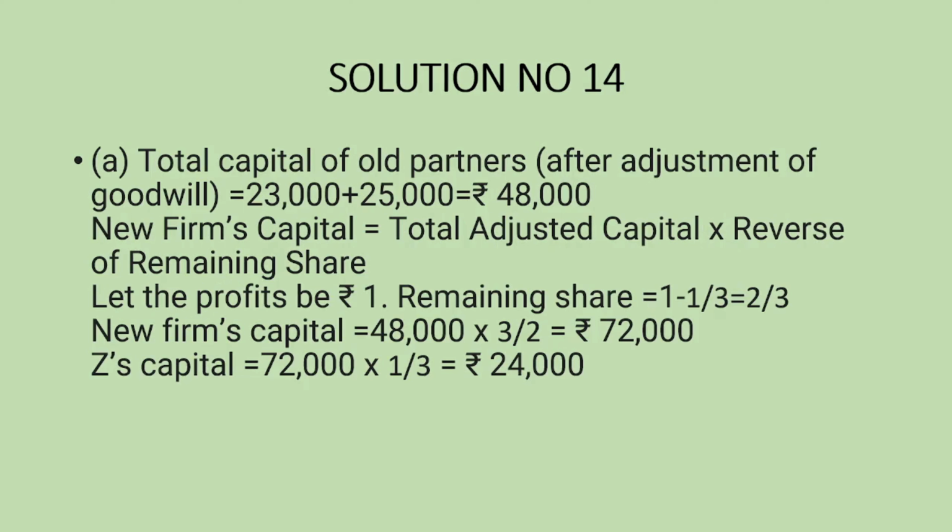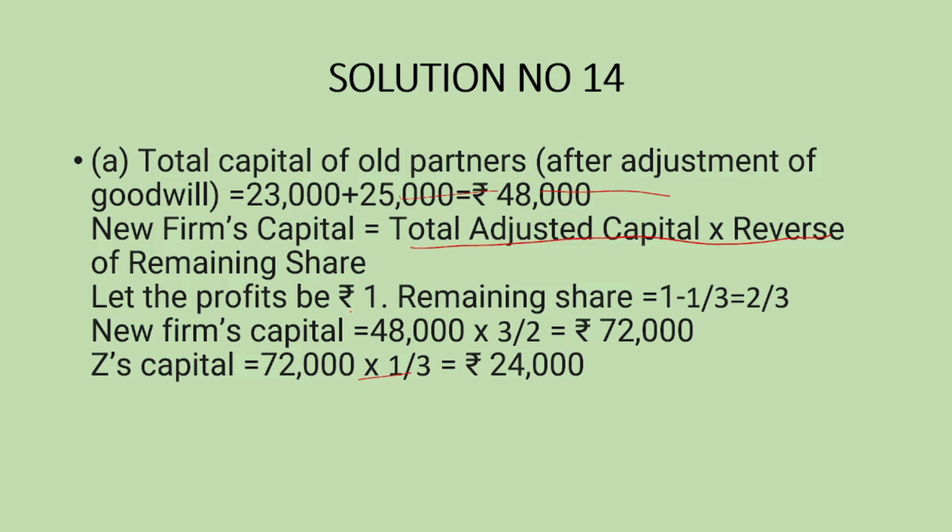Now, the correct calculation will be the total capital of the firm partners after adjustment of goodwill is 23,000 plus 25,000, that is 48,000. The new firm's capital is equal to total adjusted capital into the remaining share. Let's consider the profit to be rupees 1.